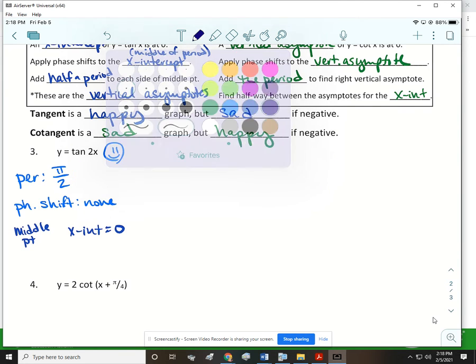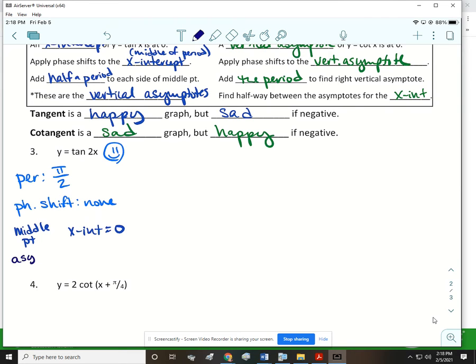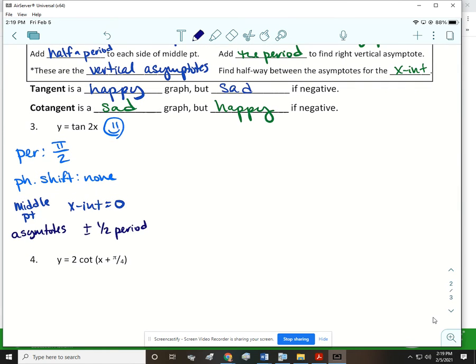And then to find the asymptotes, you're going to add and subtract half a period to each side of 0. The period was pi over 2, so half a period is pi over 4, so that's going to be positive and negative pi over 4.